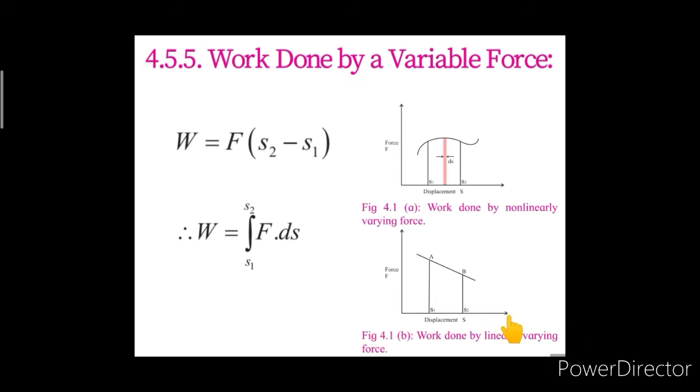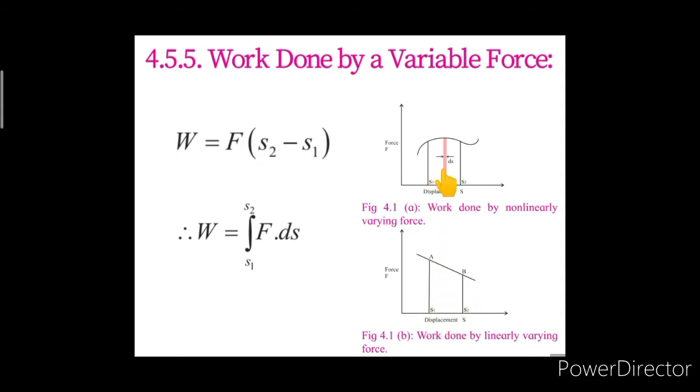Now in the next figure, the variation in the force is linear, as you can see from the displacement S1 to S2. So in this case, the area of the trapezium A S1 S2 B gives the total work done W.